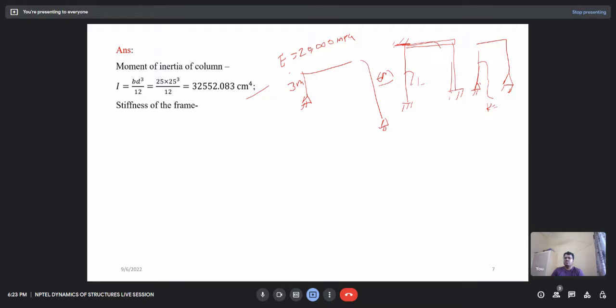For one column, it is 2.411 into 10 to the power 6. You have to sum up both stiffnesses to get the total stiffness of the frame.